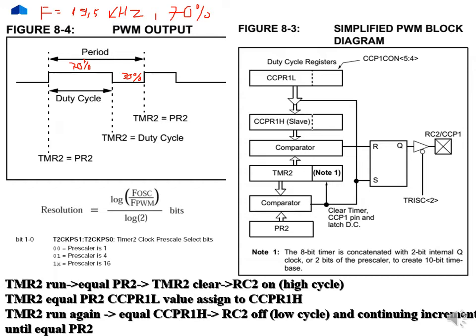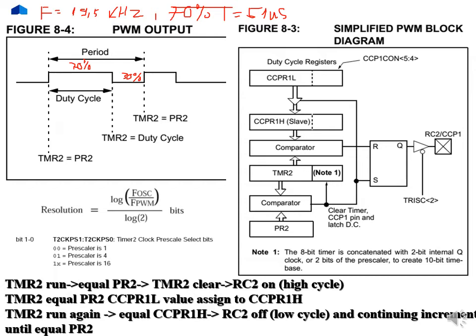Let's calculate. For example, we have the frequency of 19.5 kilohertz, so T is about 51 microseconds.